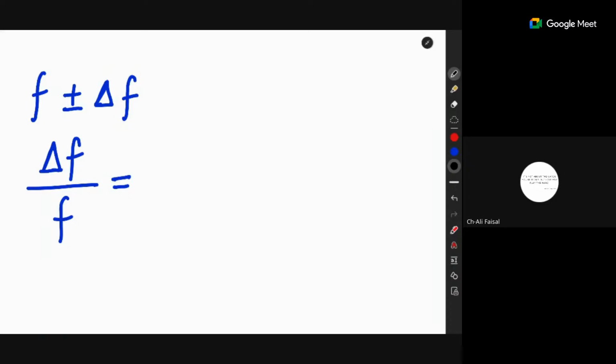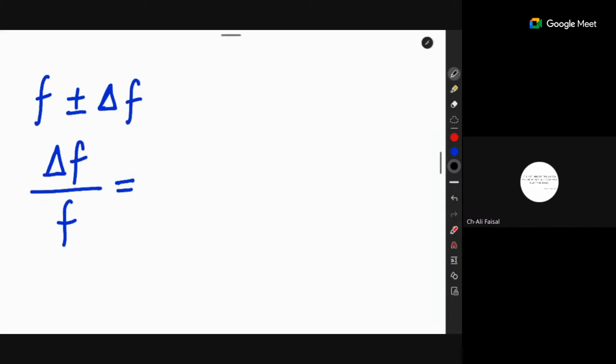Okay, clear? Yes, sir. So if I ask what is the uncertainty in the value of the time period, I will simply say that it equals the uncertainty in the time period divided by the time period, because there is no power required to convert from frequency to time period or from time period to frequency.